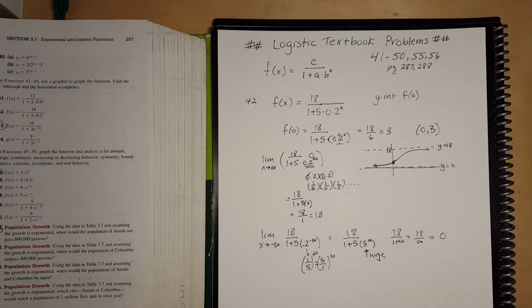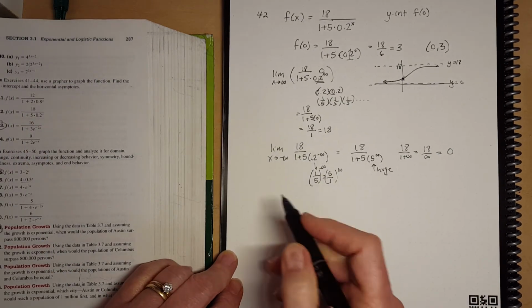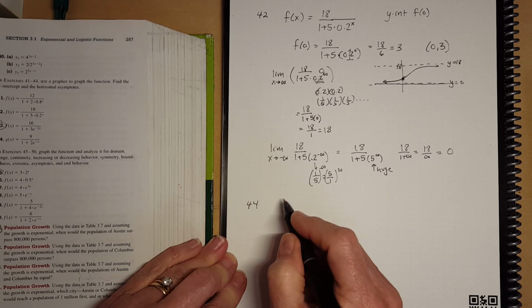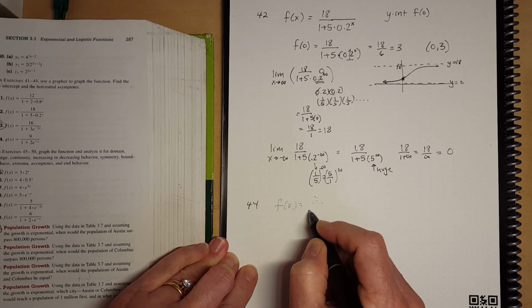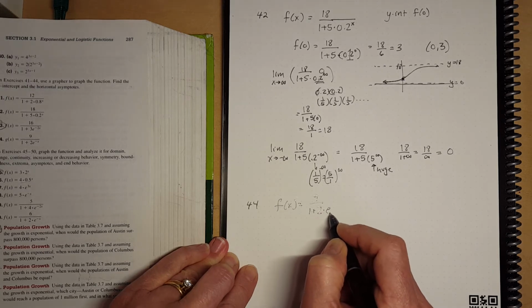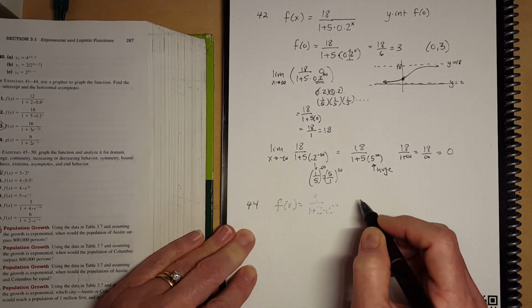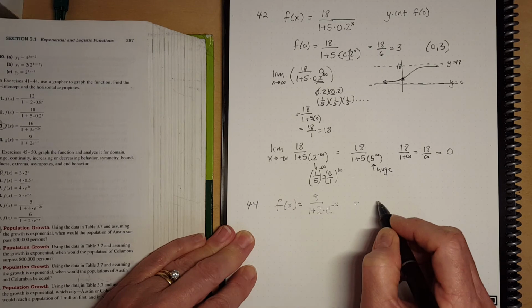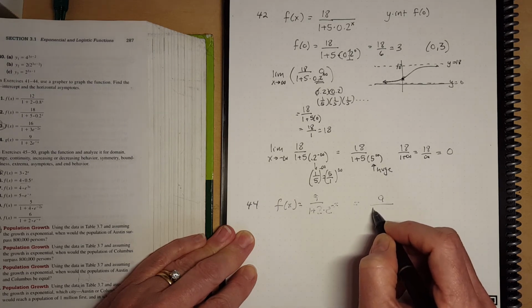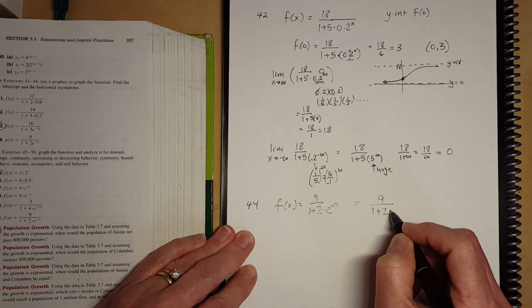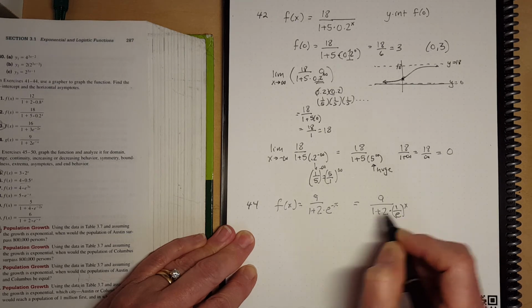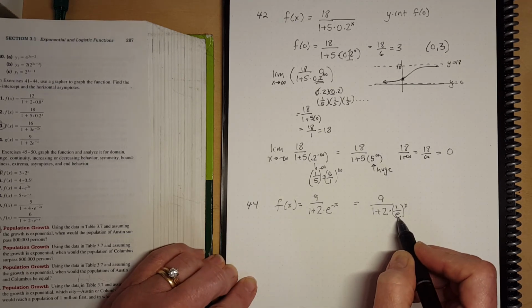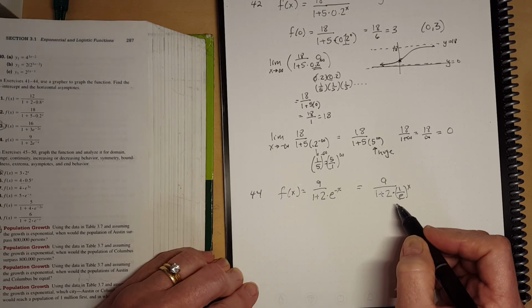Okay, let's do number 44. f of x is equal to 9 over 1 plus 2 times e raised to the negative x. I'm just going to rewrite that so that we can see that this could also be considered 1 plus 2 times 1 over e raised to the x, because e to the negative x is the same as 1 over e to the positive x.